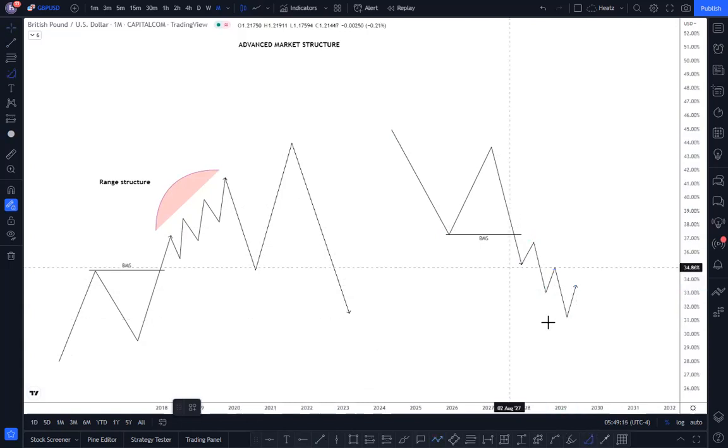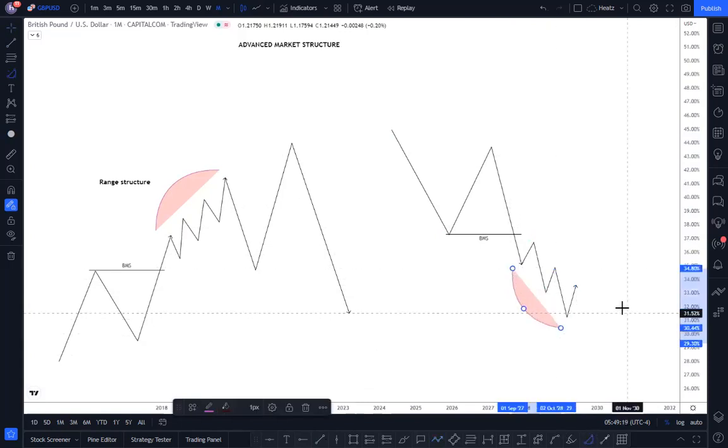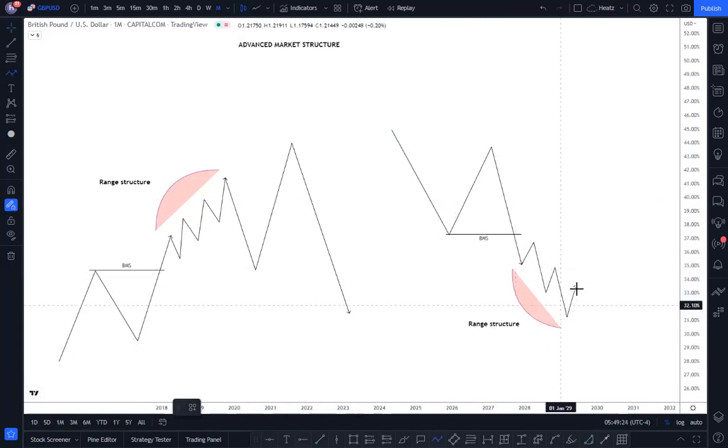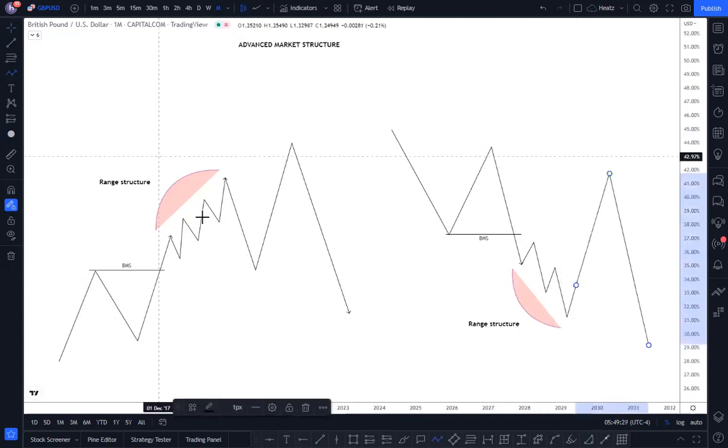This little structure that price creates is also called the range structure. Now, price can either just give us a deep pullback without necessarily giving us this complex corrective wave, or it can give us the complex corrective wave.